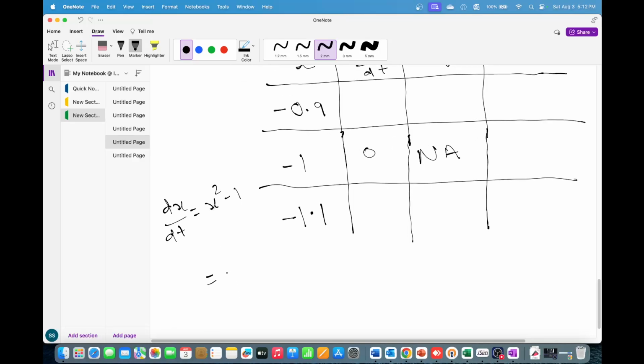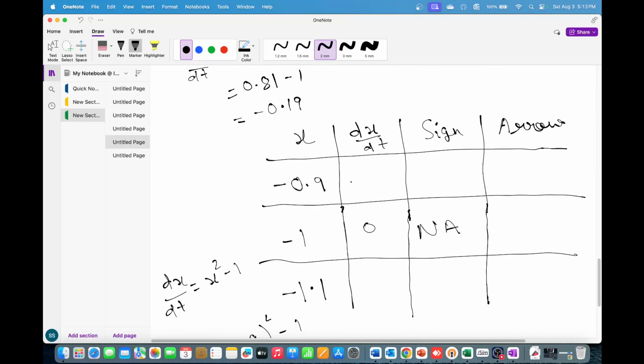Now let's do the same thing. So first we'll calculate dx dt for x equal to -0.9. Take a whole square -1. What it becomes is 0.81. This minus will vanish because there is a square, and -1, which is -0.19. So dx dt is -0.19. Sign is negative, arrow is coming down.